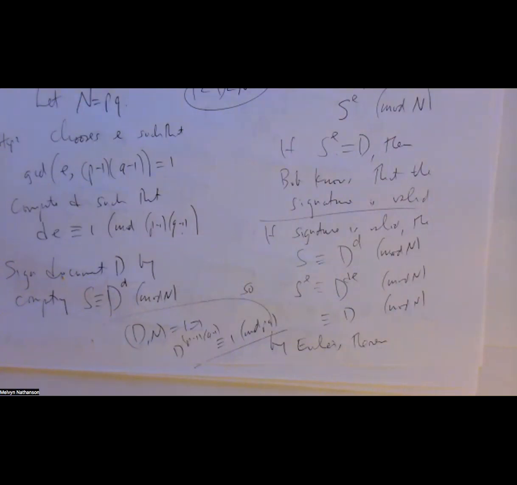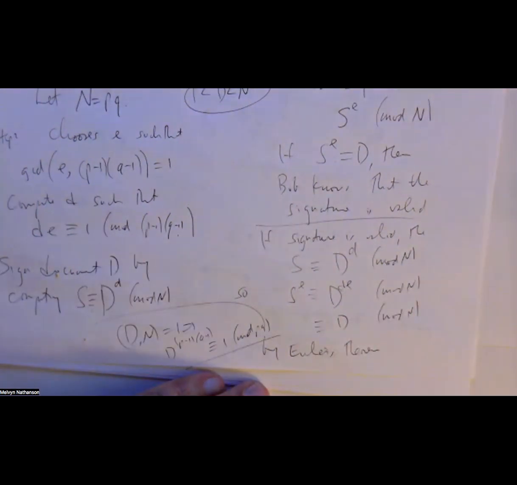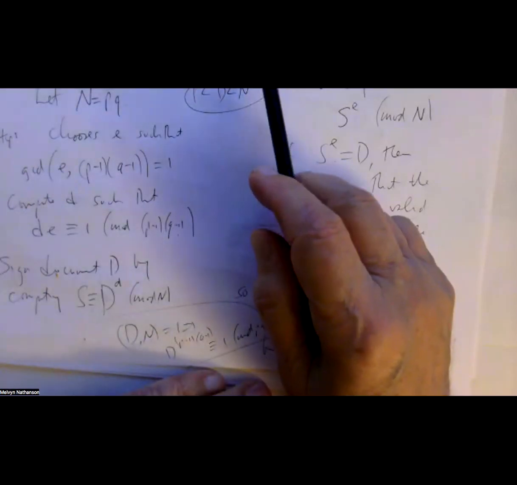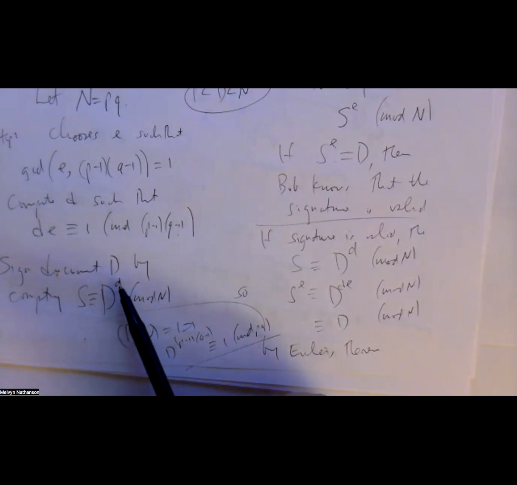Now, how could someone take Samantha's signature? How do you get this S? You get this S by raising the document D to the secret number little d. How do you get little d?